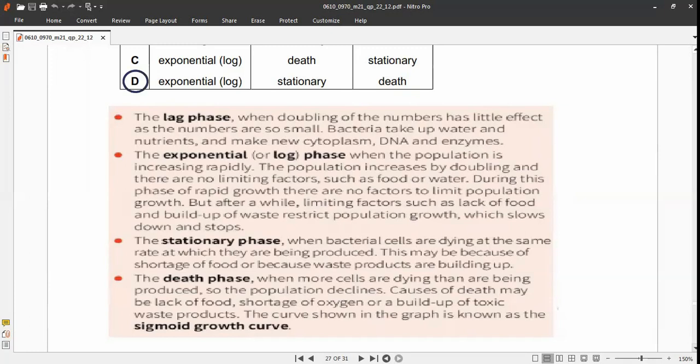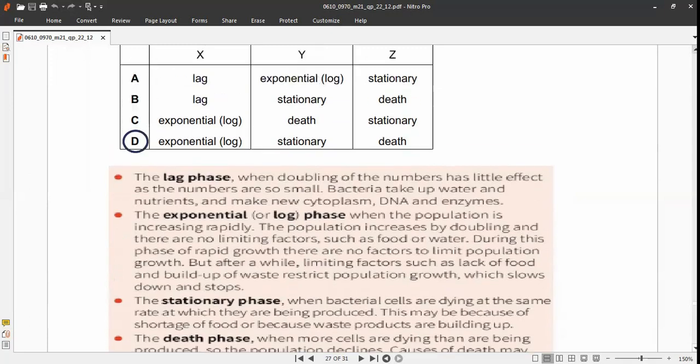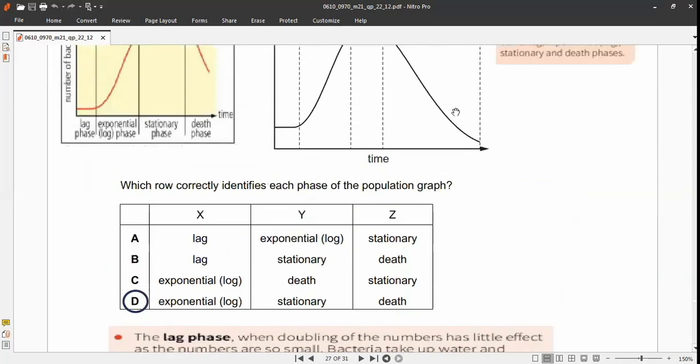Causes of death may be lack of food, shortage of oxygen or a buildup of toxic waste products. The curve shown in the graph is known as the sigmoid growth curve. Here decrease and here increase.